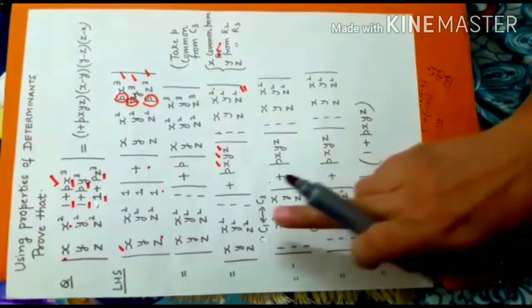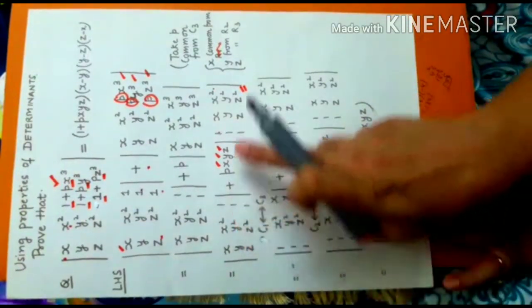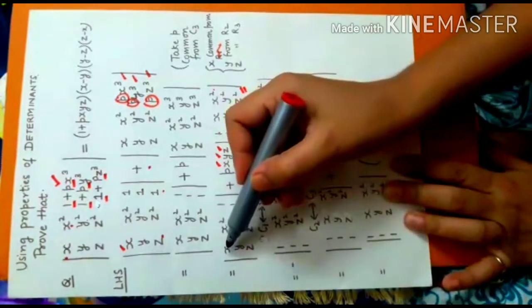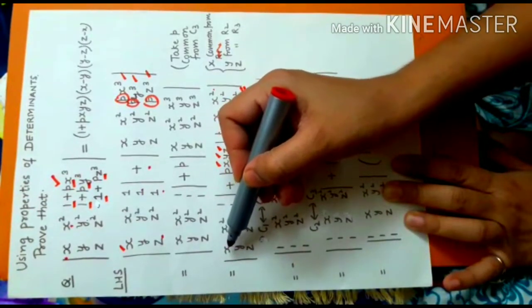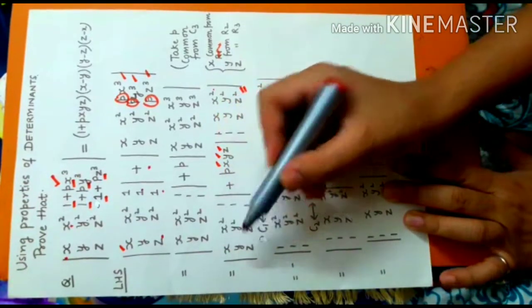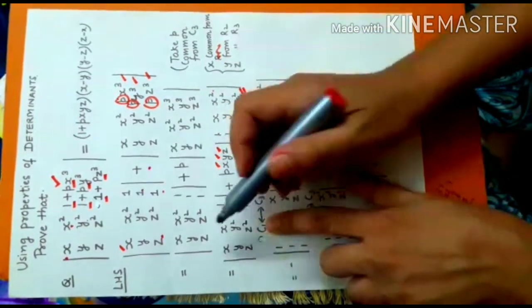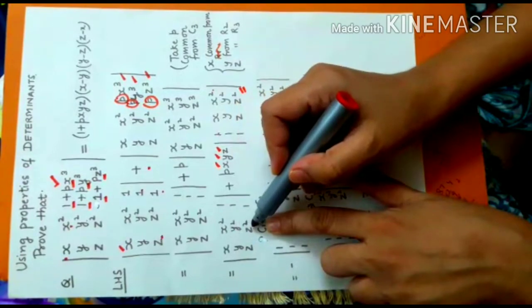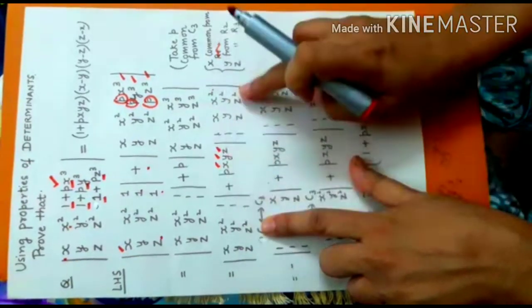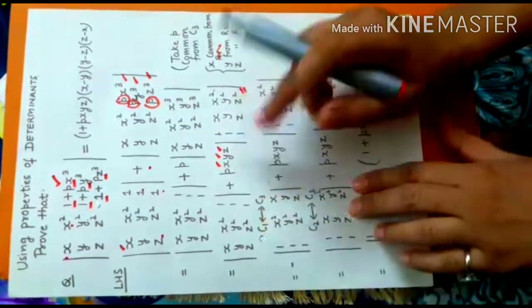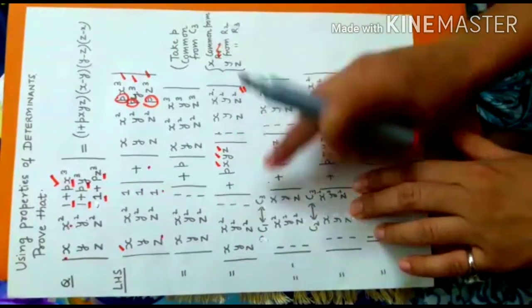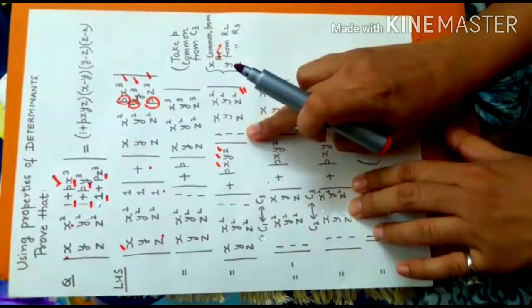Now look here. Just compare these two determinants. Here we have the first column comprising of elements x, y, z, which is the second column of this determinant. Next we have x square, y square, z square, which is the third column of this determinant, and 1, 1, 1, which is the first column of this determinant.